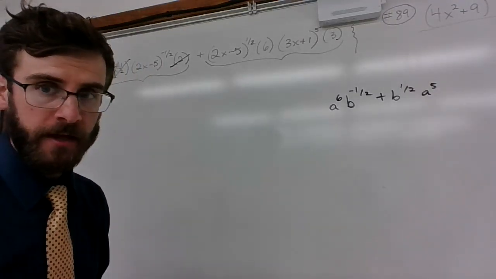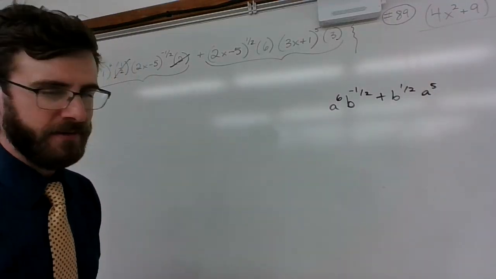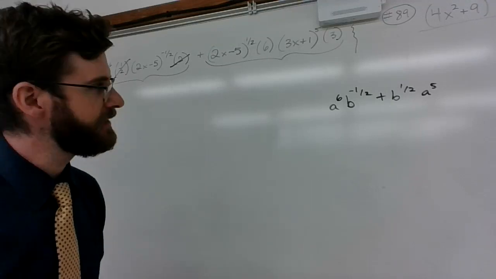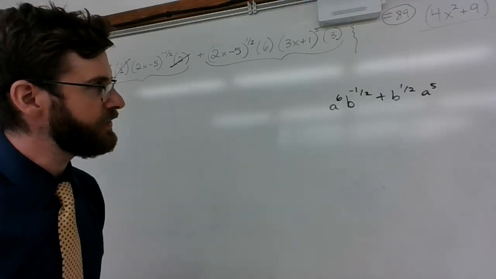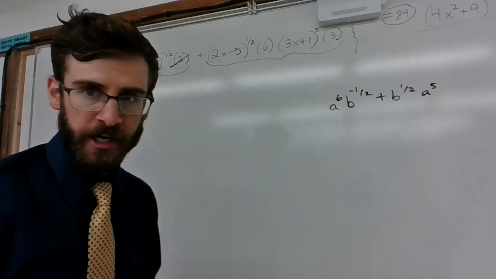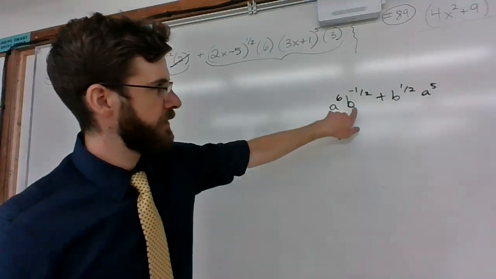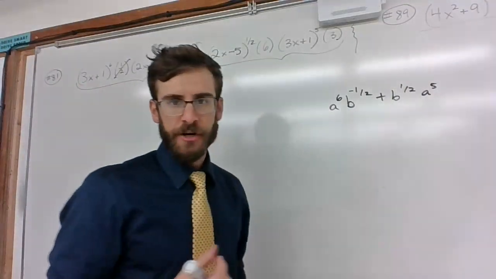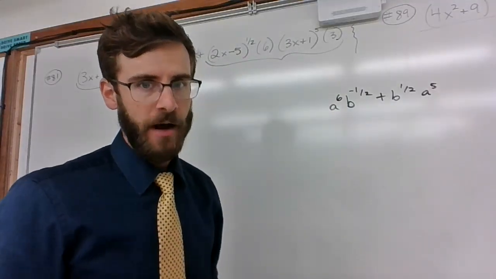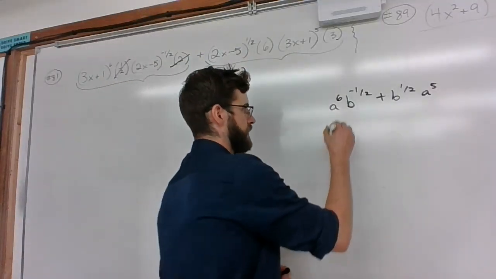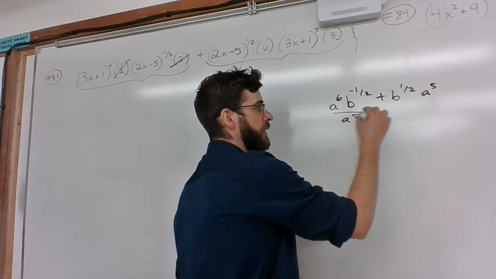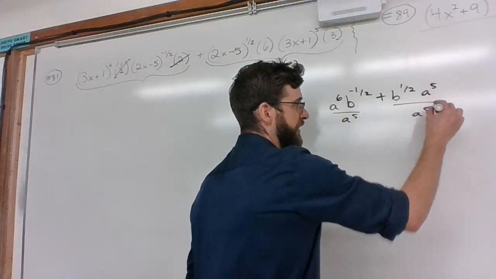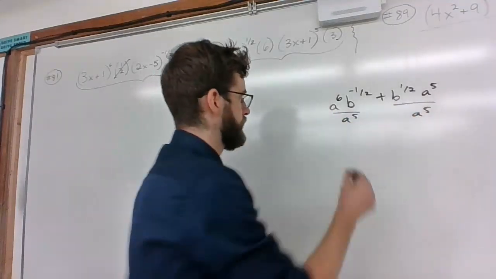If you had to factor that, what's the idea behind factoring? Well, you take out what they share. This and this share an A to the 5th power. That means I can divide both quantities by A to the 5th and bring it out front.